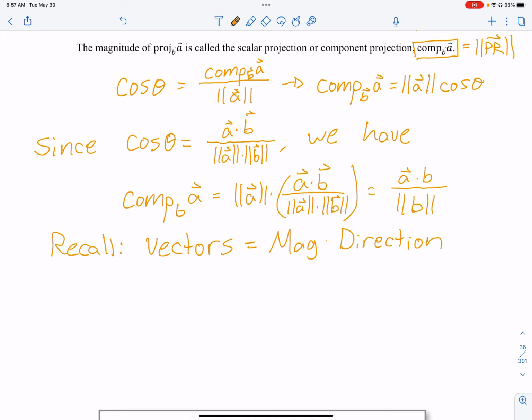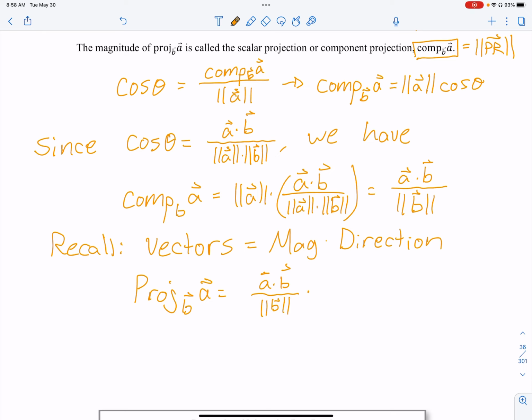So I can write my projection of A onto B by saying I have the magnitude, A dot B over the magnitude of B. That is my magnitude of the projection.